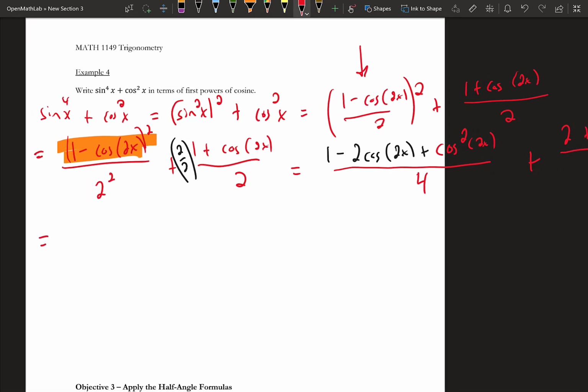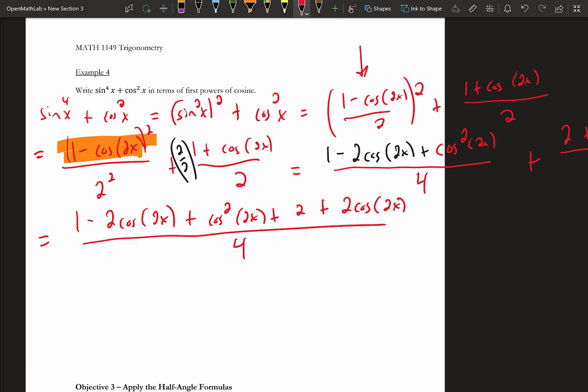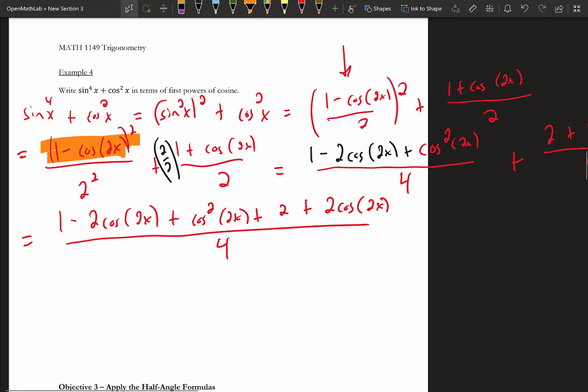So then this would be equal to 1 minus 2 cosine of 2x plus cosine 2x squared plus 2 cosine of 2x, all over 4. And then if we combine like terms, this guy would cancel with this. 1 plus 2 is 3, right?